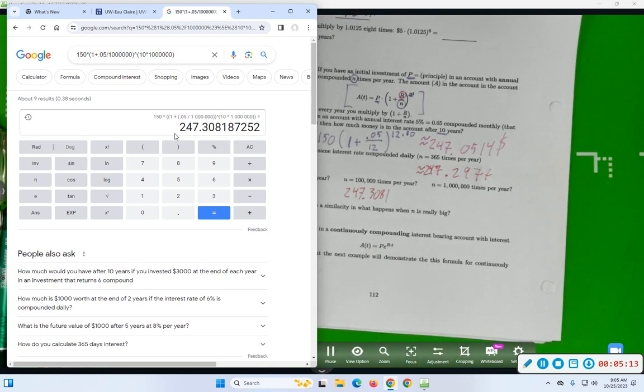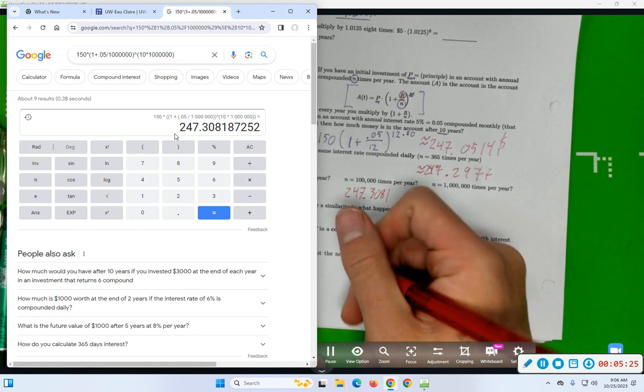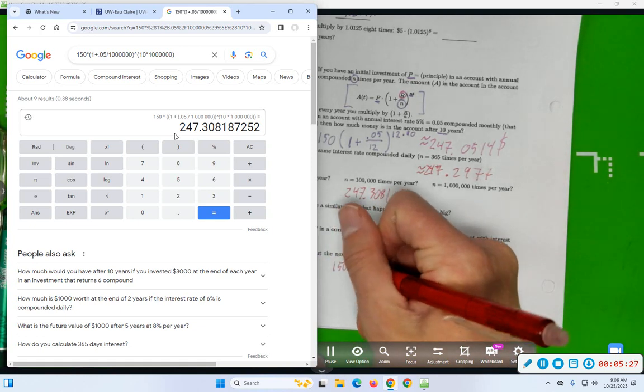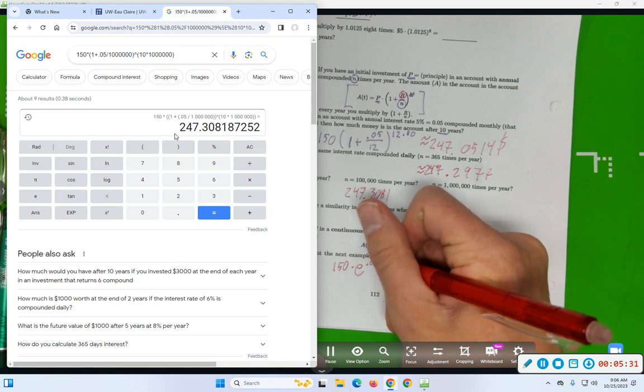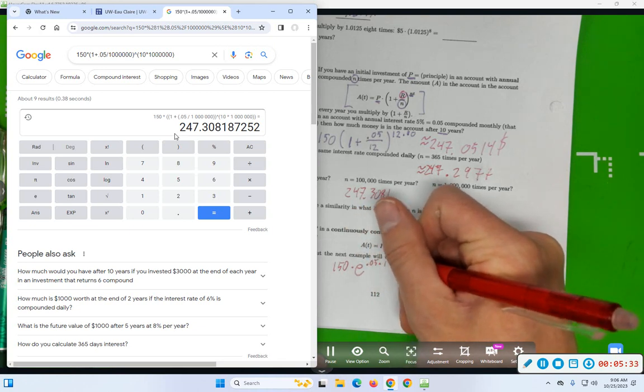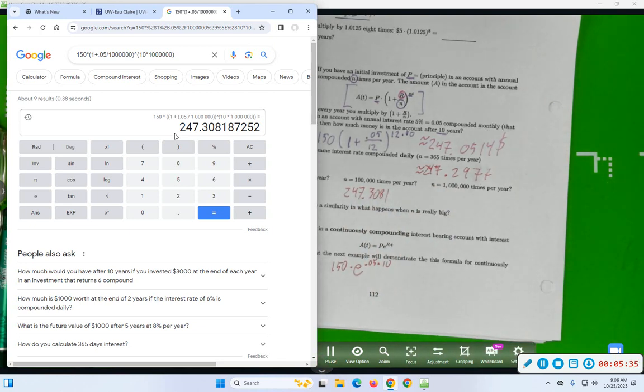So you should be thinking of this as what happens when you plug in a really huge number for the number of times you compound, n. Let's check that in this particular case. Same principal, 150 times e to the same interest rate, 0.05 times 10 years.